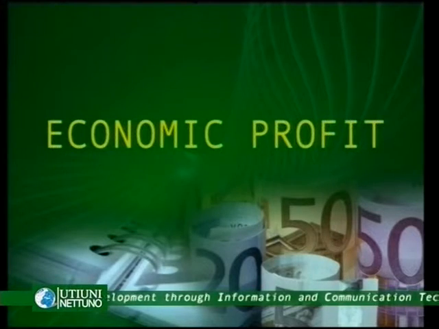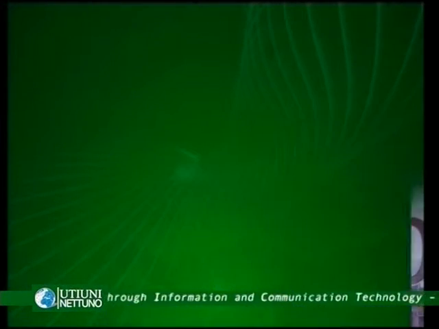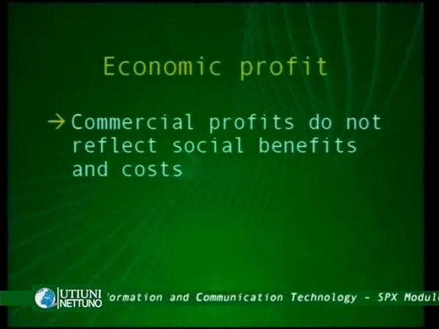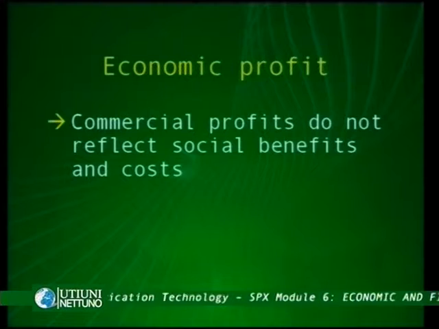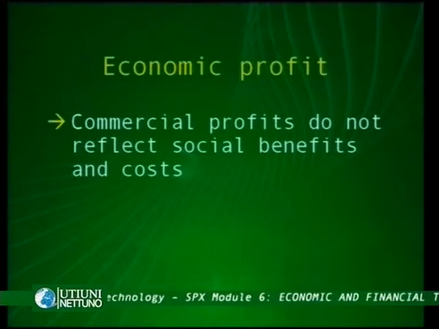So in order to better understand economic analysis, we have to start from the definition of economic profit. And in doing that, we have to recognize that commercial profits do not reflect social benefits and costs.